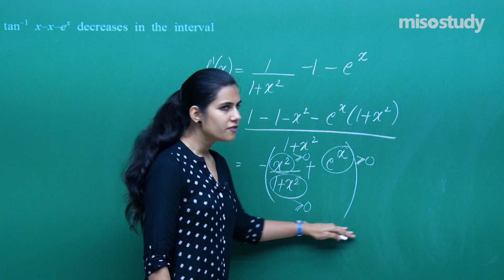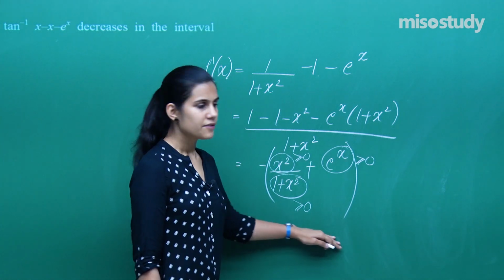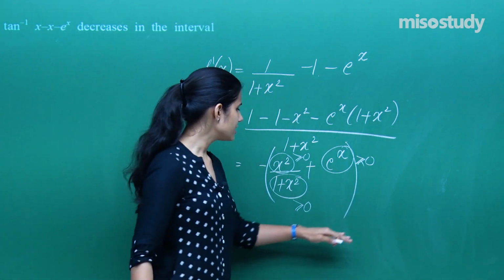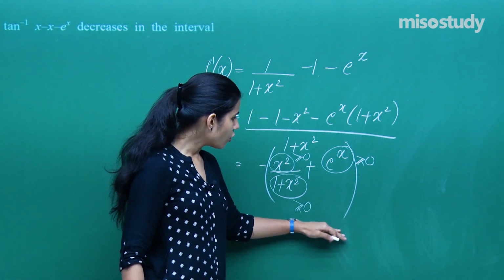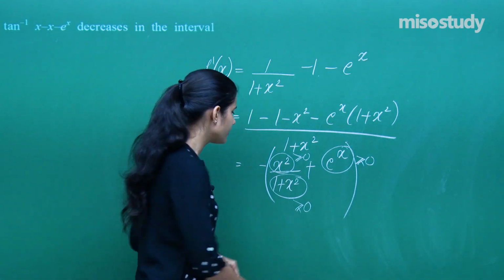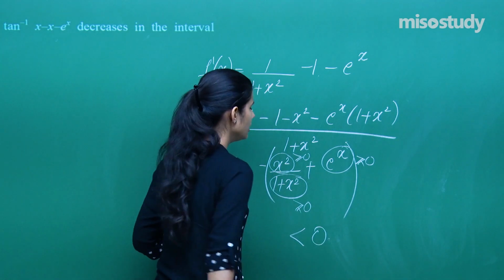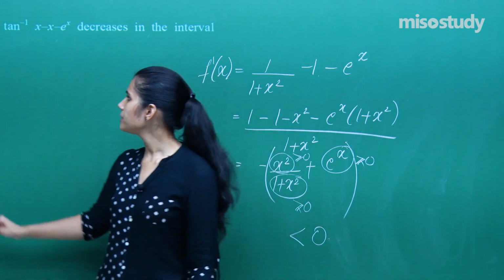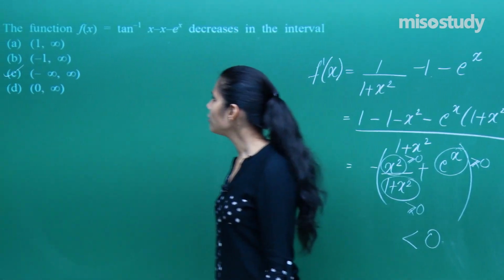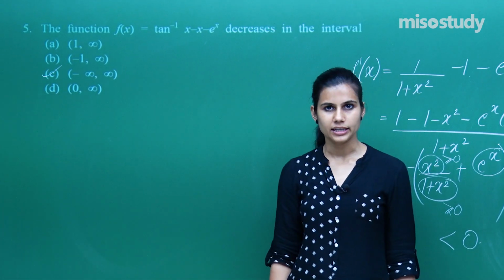In fact this is strictly positive, so this is also strictly positive. If this term is always positive, the negative of it is always negative. So pick up any x, f dash x is always coming out to be negative, that means f(x) is throughout decreasing in the entire real line.